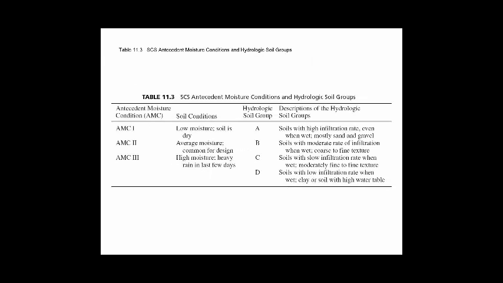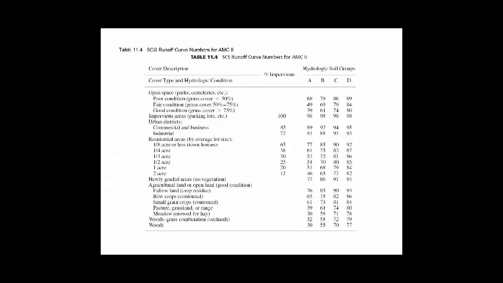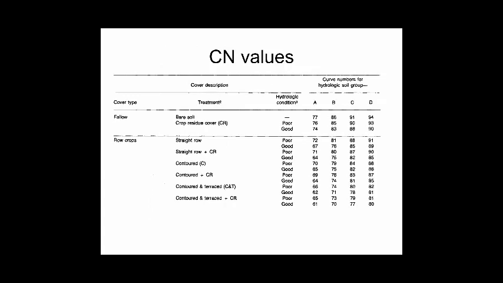So what you see here is the antecedent moisture condition would be telling you which hydrologic soil group it belongs to. You have the antecedent moisture condition 1, 2, and 3, and hydrologic group A, B, C, or D. And then once you have your hydrologic soil group and antecedent moisture conditions, you will look for the cover type and the hydrologic condition with this table.